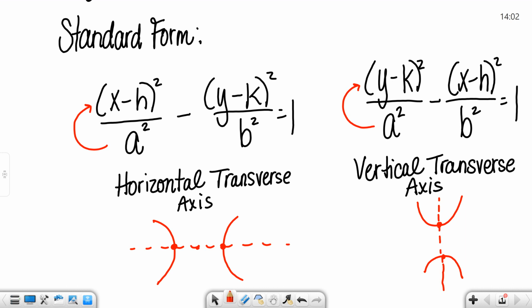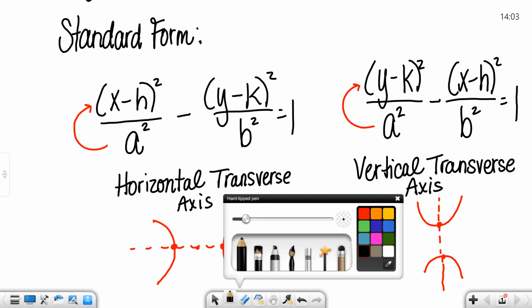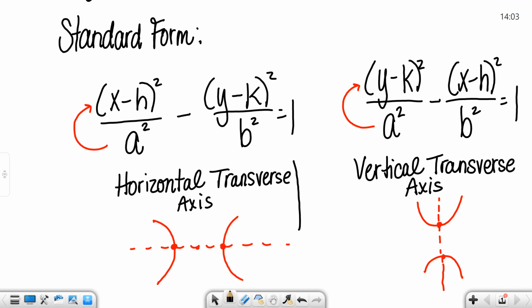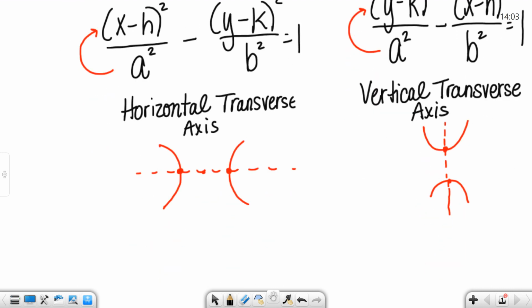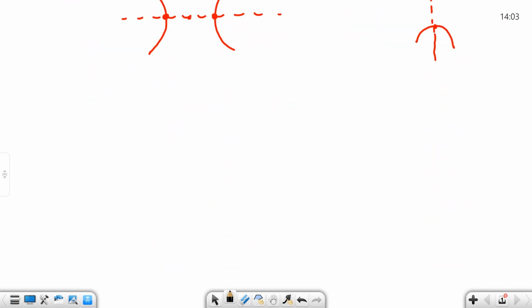So making sure we have the correct equation is going to be super important. And all hyperbolas have something that ellipses do not have. All hyperbolas have asymptotes.